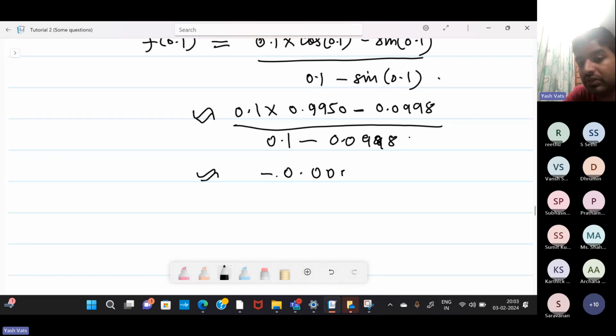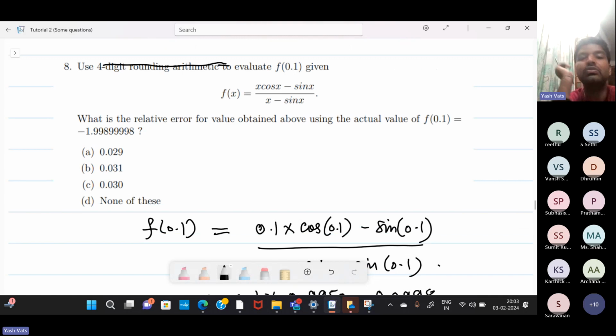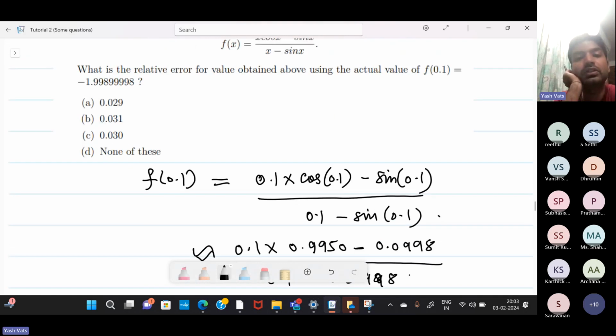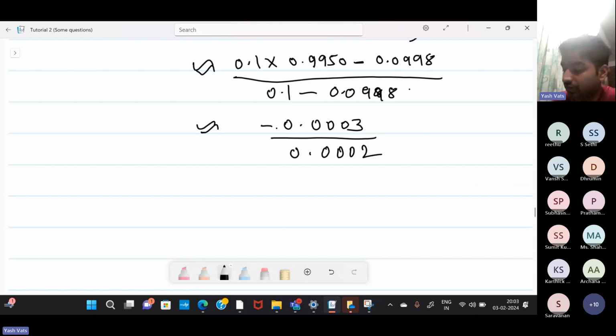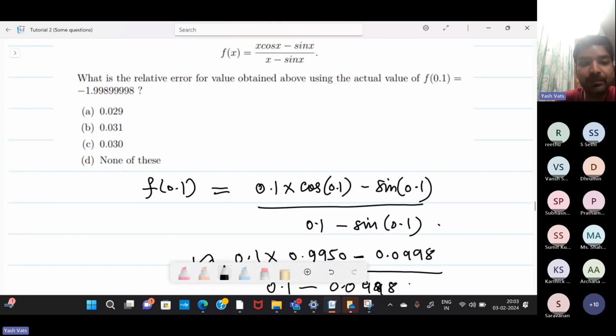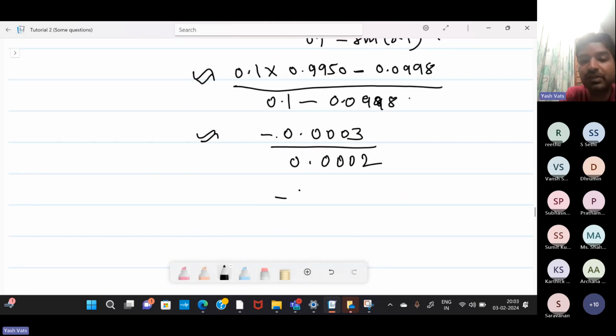Minus 0.0003, and 0.1 minus 0.0998 is 0.0002. What should be the answer of this? I think there is some difference. 0.3 divided by 0.0002, it's 1.5. So the approximated value is minus 1.5000.